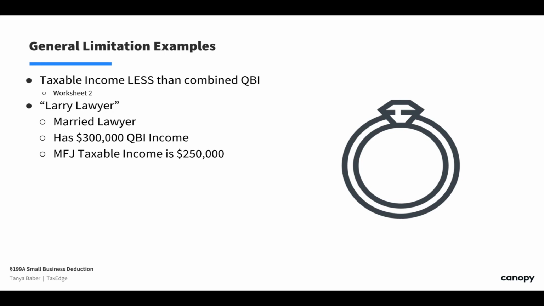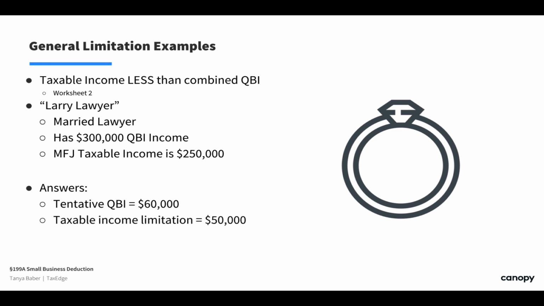What we'll do is say, awesome, we can potentially get a $60,000 deduction, 20% of $300,000, right? But hold on, let's make sure this is not going to get limited. Let's take 20% of our taxable income. That's only $50,000. Then they're going to say, well, you get the lower number. It's going to be limited by that taxable income number. So you get $50,000.